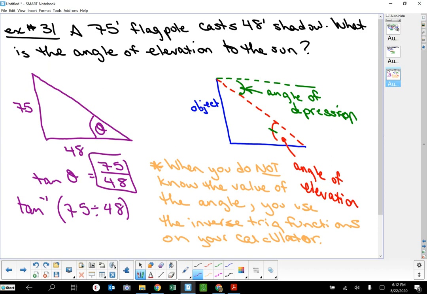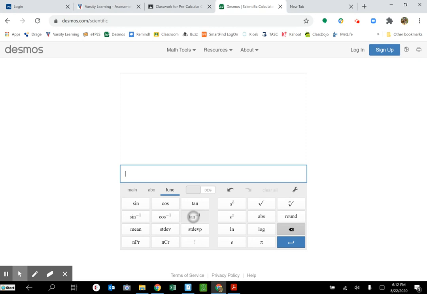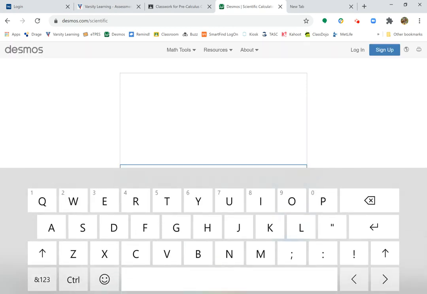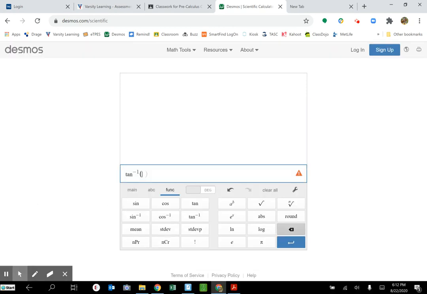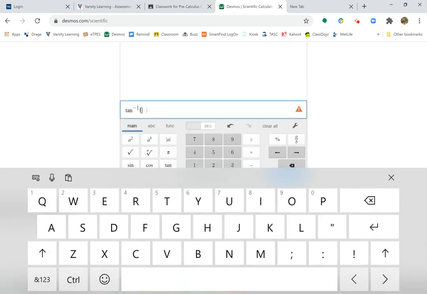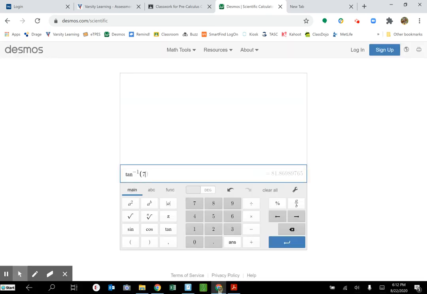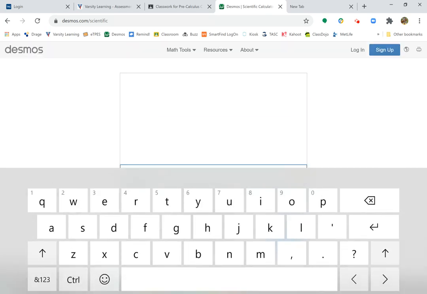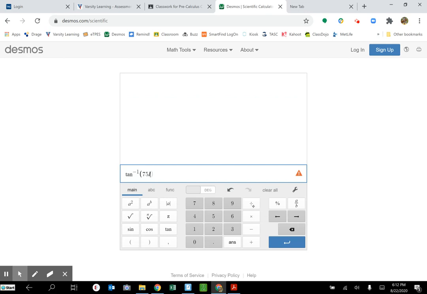Inverse tangent, 75 divided by 48. And that's going to actually equal theta. So we're going to get theta equals 75 divided by 48.